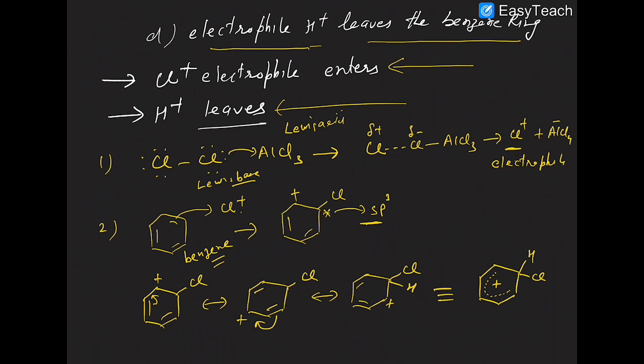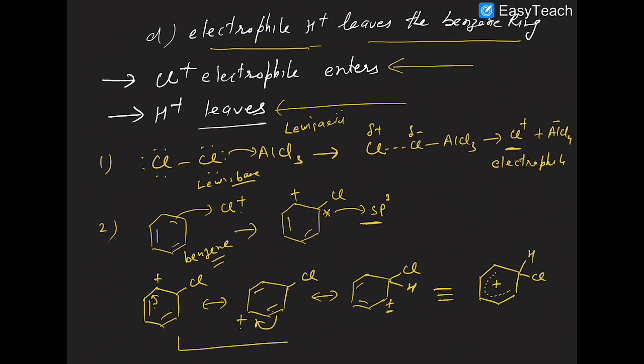Okay, so what happens? Except this carbon atom, all other 5 carbon atoms will be involved in resonance. How? Look at that. The positive charge appears in this carbon, this pi electron will go towards that and positive charge will come here. After that what happens? These pi electrons will go from here to here, okay, and you have development of positive charge here.